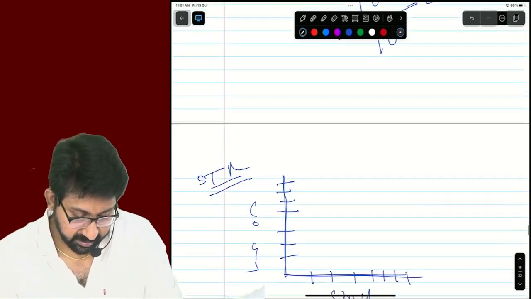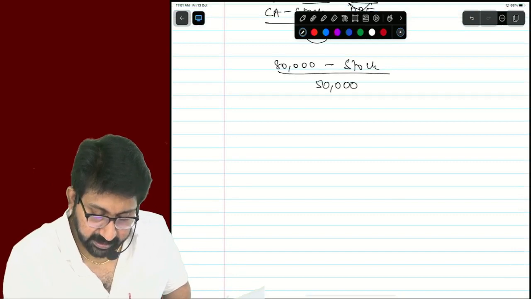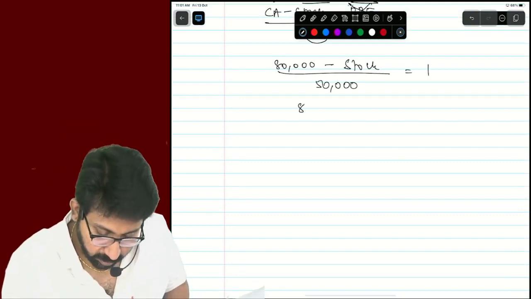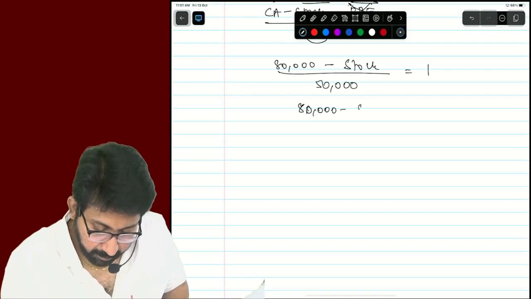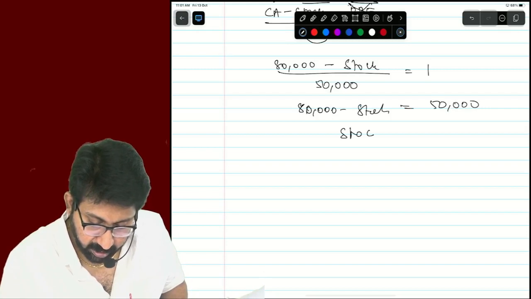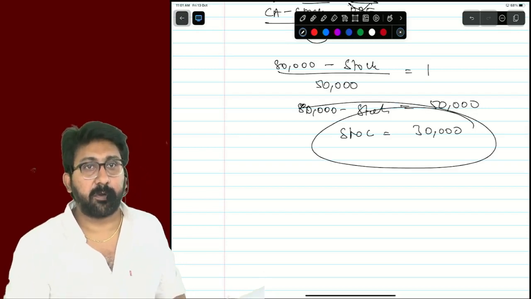How much it is? Sorry, 50,000, is equal to how much? 1. Understood or not? So 80,000 minus stock equal to how much? 50,000. So stock equal to 30,000. That's the answer. Everyone understood the point clearly here?